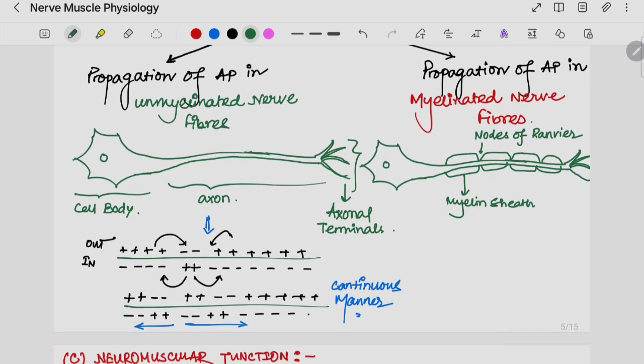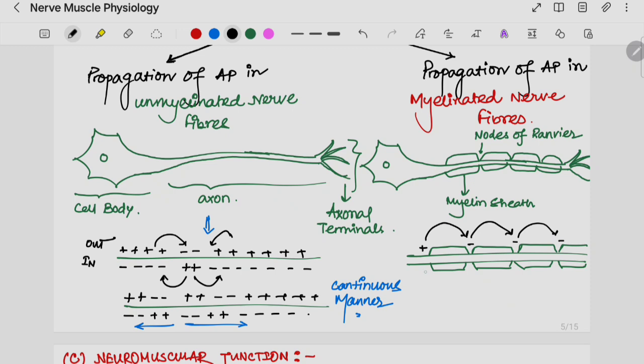So the action potential, where it is generated, let's say action potential is generated here. So these all are negative. So this charge is propagating in a jumping manner. So let's say here also it propagates in the jumping manner.